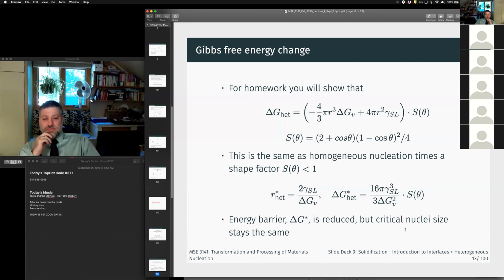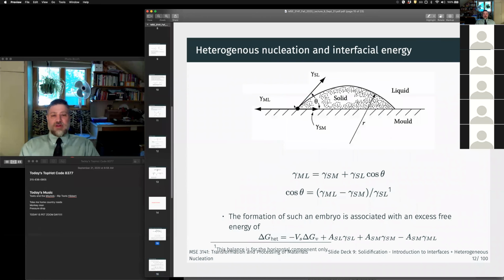And the shape factor is going to be less than 1. And so I want to point something out here. R star stays the same. As it says in the reading, the critical nuclei size stays the same, but the critical volume is different. So here I just have a cap.